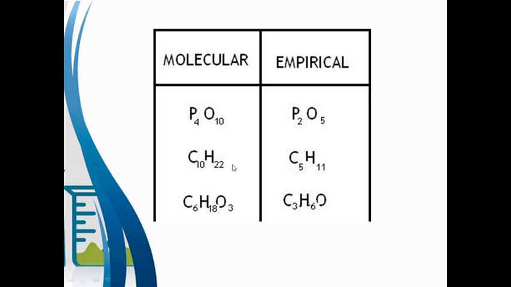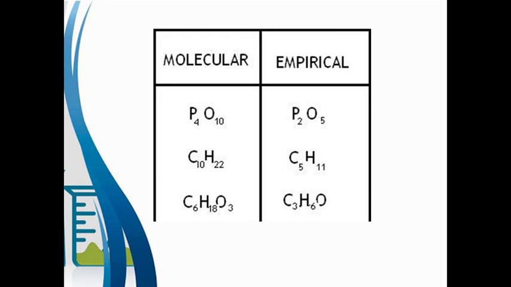Next is decane. Decane has 10 carbon, so it can be divided by 2. So 10 divided by 2 is equal to 5, and 22 divided by 2 is equal to 11. Then last, it can be divided by 3.